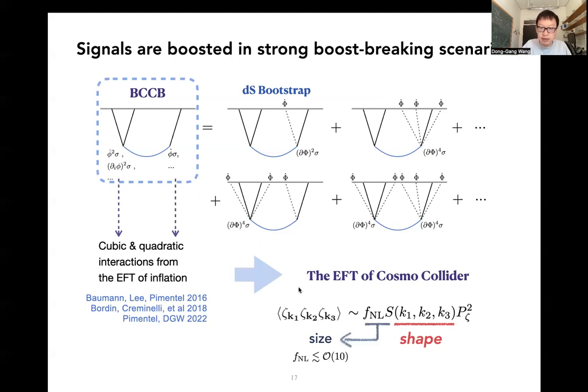And this can be seen as the EFT of the cosmological colliders. Using this framework, we found the size parameter f_NL could be as large as order 10. So it can even be detected using current observations.